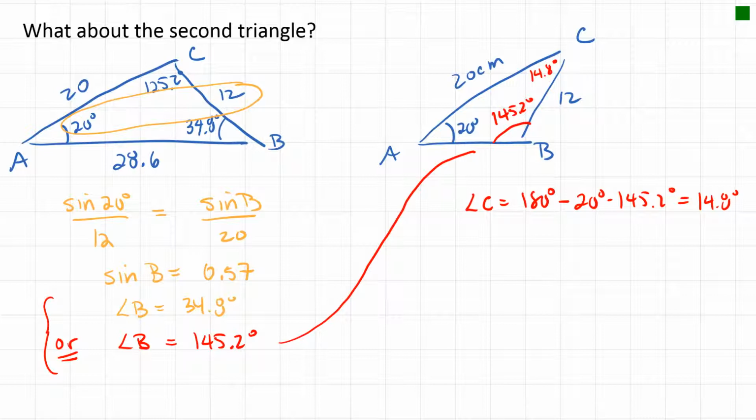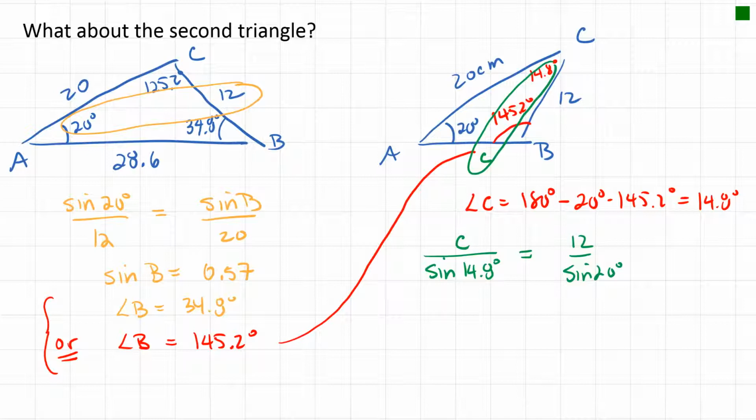And then finally, to find out what C is, we can use the sine law again. So the sine of 14.8 degrees, C over the sine of, so here's little c, this pair here, is equal to 12 over the sine of 20 degrees.